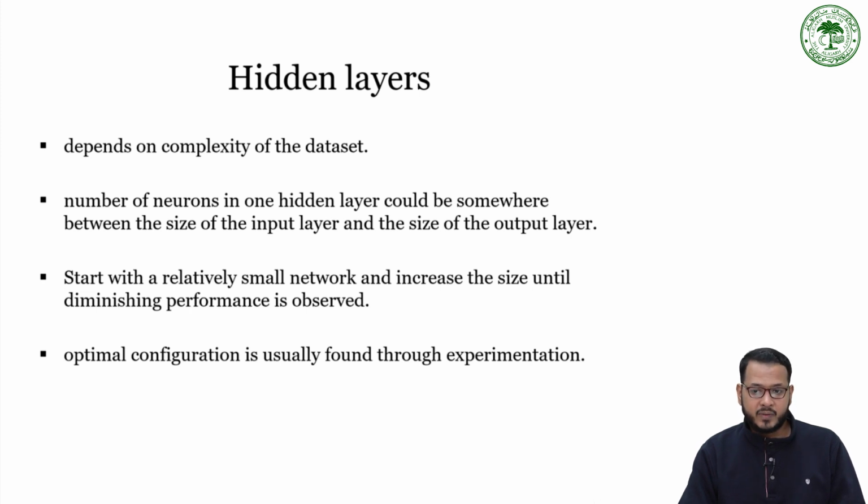Finding the optimal configuration in this case is not straightforward. Once again, it is an empirical process and it demands experimentation to maintain the balance between the complexity of the data to be taken care of and the complexity of the neural network architecture.